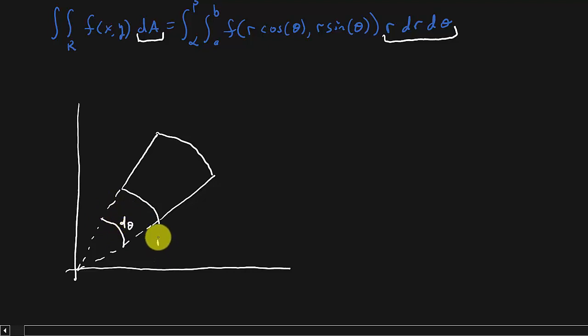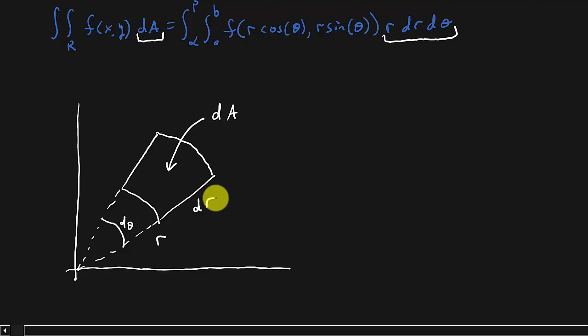And then we've got r right here, your radius. And then this right here, this is dA. All right, this is dr.